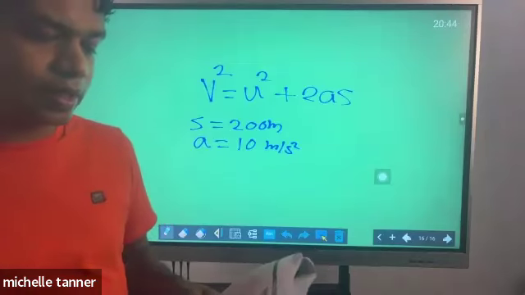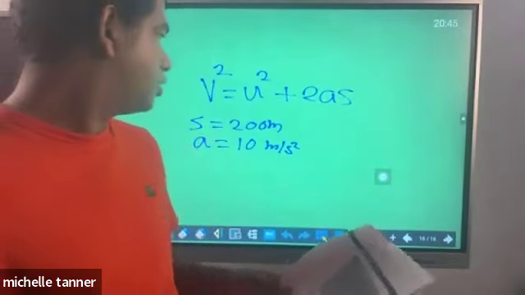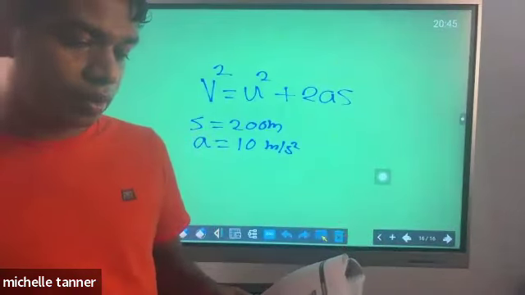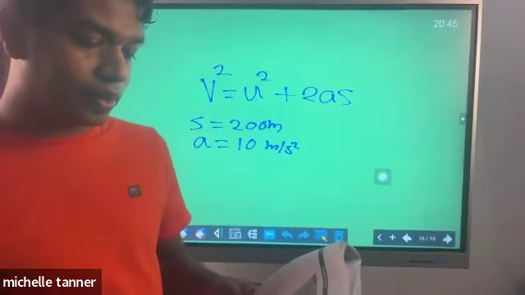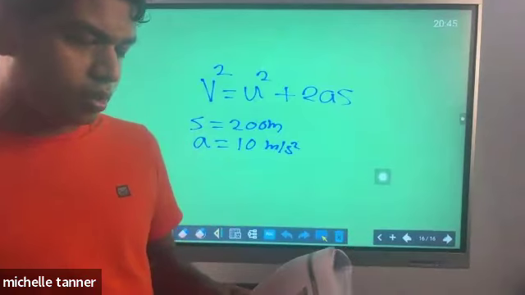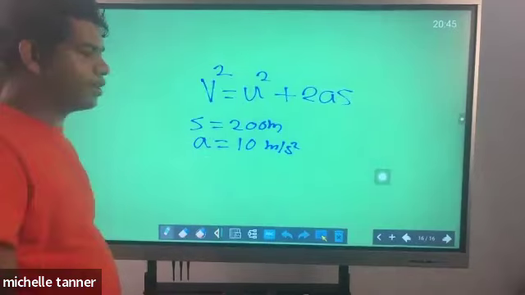Calculate the speed at which the cylinder will hit the ground. That means you need to calculate the final velocity. The object starts at rest. We assume initially the object is at rest.